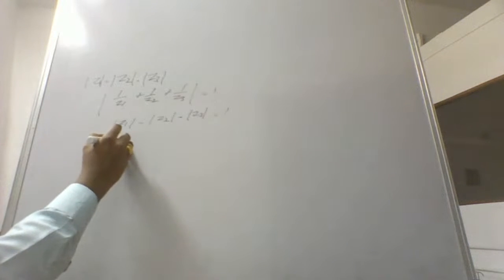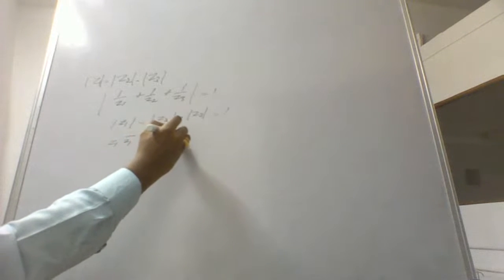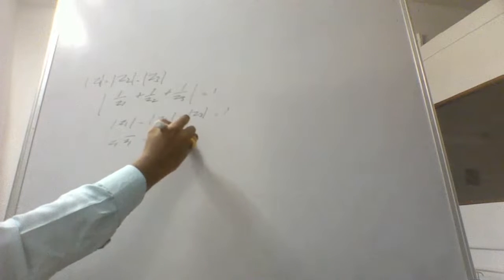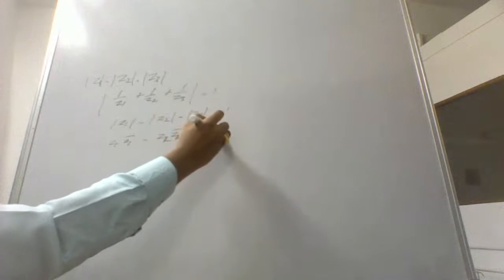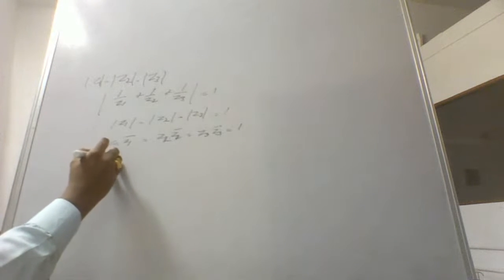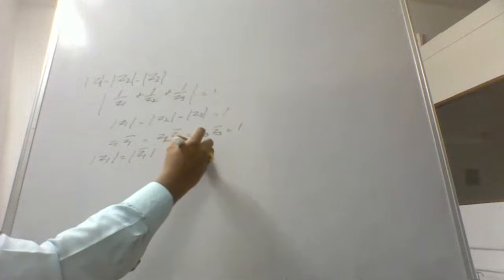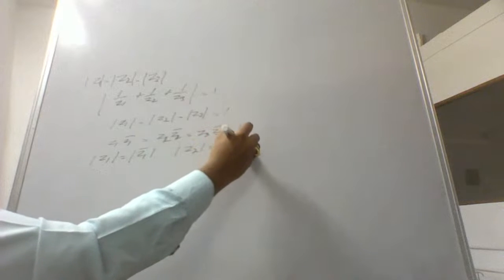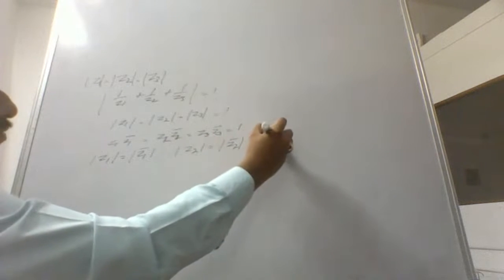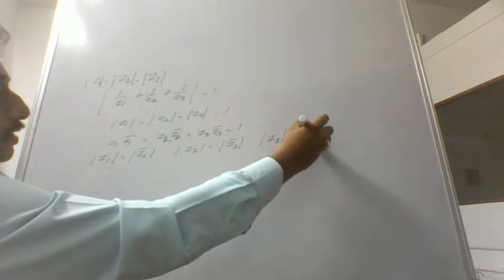So z1 bar, z2 bar, z3 bar are each equal to 1 by z1, 1 by z2, 1 by z3, and we know that mod of z1 is equal to mod of z1 bar, and mod of z2 is equal to mod of z2 bar. Likewise, mod of z3 is equal to mod of z3 bar.